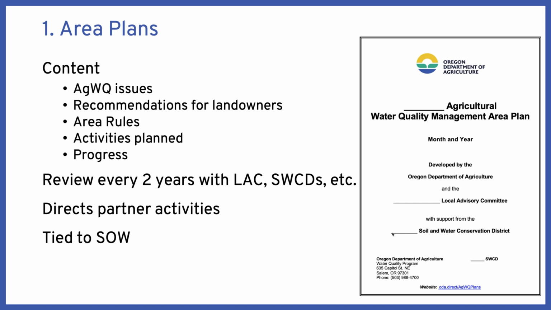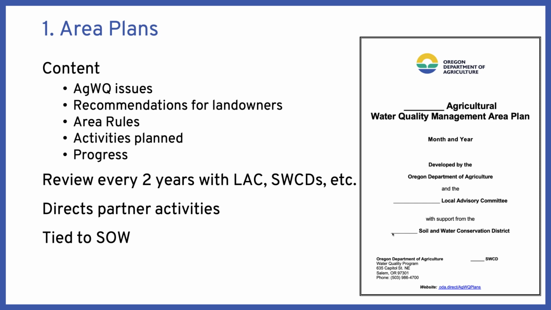And the area plans also outline what activities you've been doing, what activities you, and by you, I mean SWCDs and additional local partners, watershed councils, NRCS, whoever, and also show progress you're making towards goals that have been set, local goals for water quality.